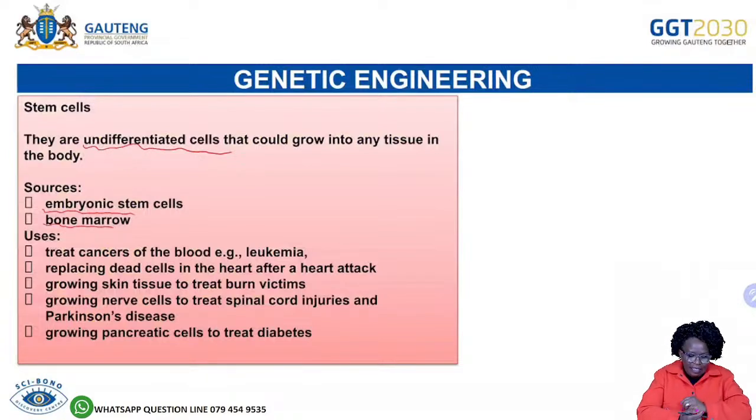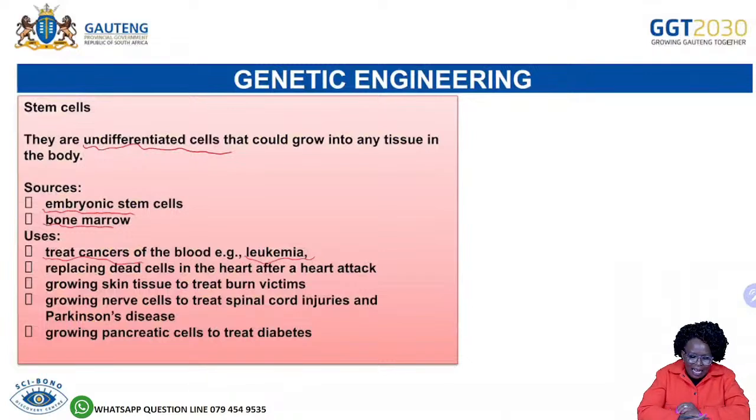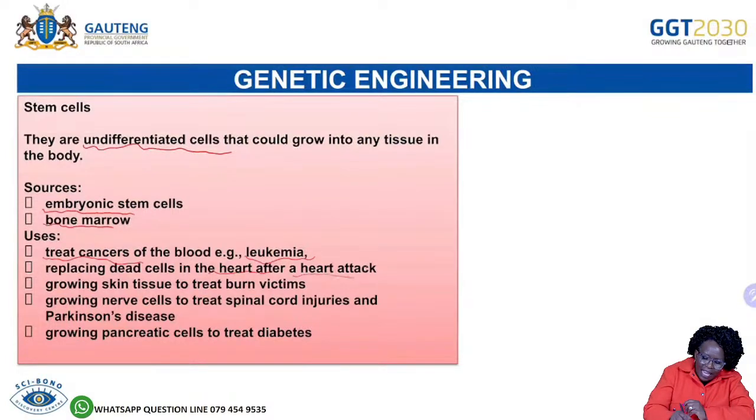The uses of stem cells are that they can be used to treat cancer, specifically cancers like leukemia, which is blood cancer, and also for replacing dead cells in the heart after a heart attack.